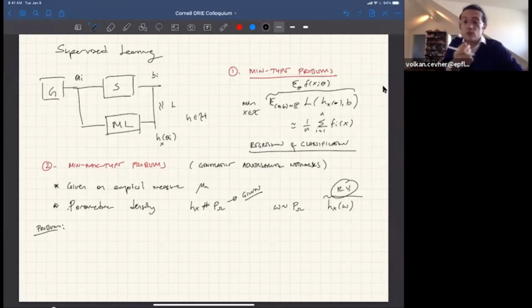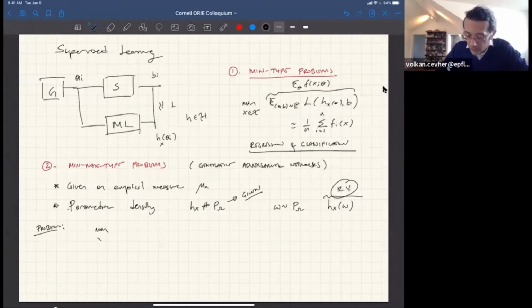So you have zero support in samples that you haven't observed. What you try to do is, by the way, just to highlight, you may have constraints here, so I'm going to use calligraphic X to highlight these constraints.